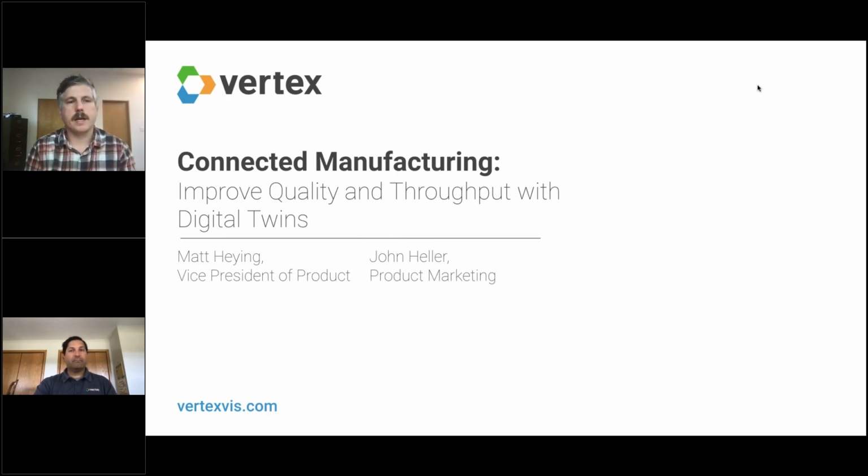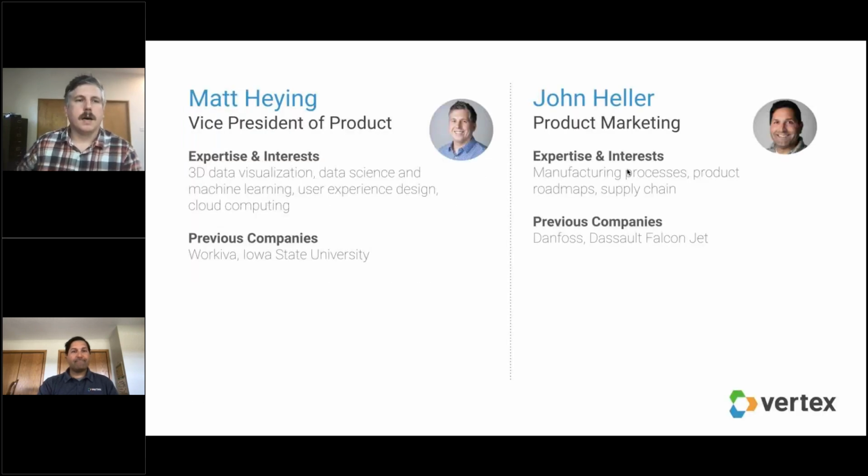My name is Matt Hine. I am Vice President of Product at Vertex, and I am joined by my colleague, John Heller, who is a Product Marketing Manager with Vertex. My background, I have an academic background in mechanical engineering, but I've spent the last 15, 20 years working on software related to mechanical engineering.